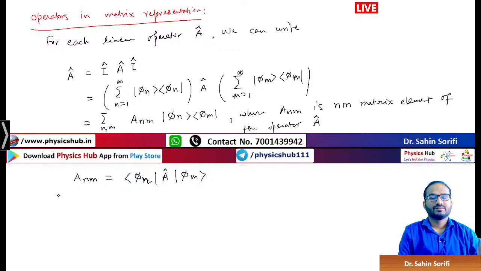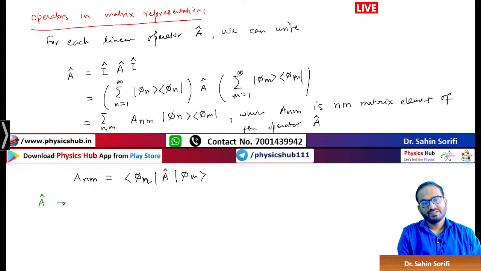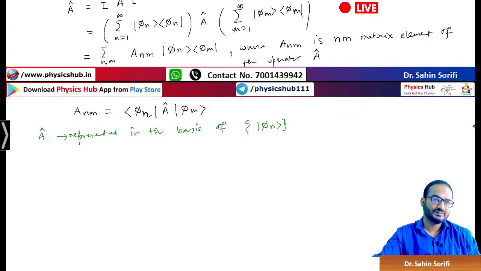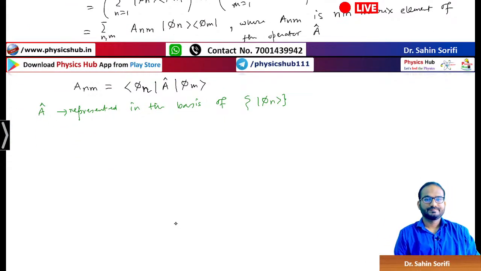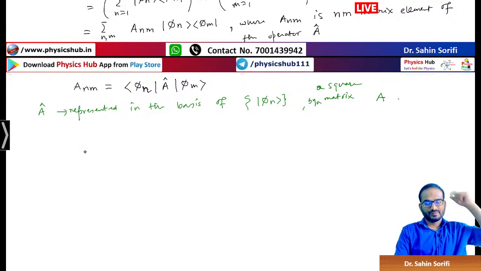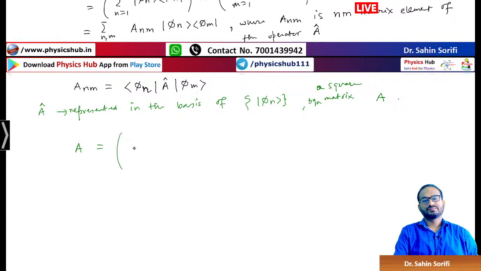So let's say we have this operator A. It is represented in the basis, and basis is important, let's say phin. This is an infinite set of linearly independent vectors. So we can represent it by a square matrix A. So A is what?